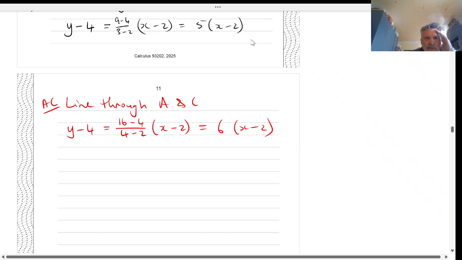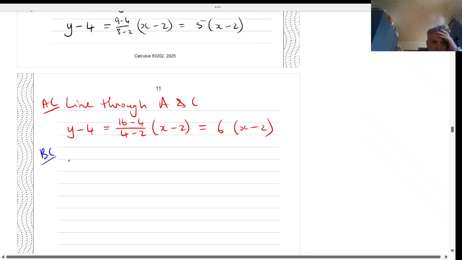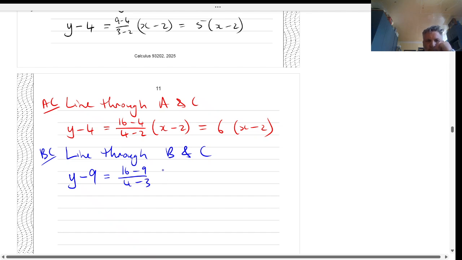So we've got an equation there. And BC, the line through B and C, that's y minus 9, since 3, 9 is the point we're going to be using. 16 minus 9 over 4 minus 3, x minus 3, that's just 7, x minus 3.